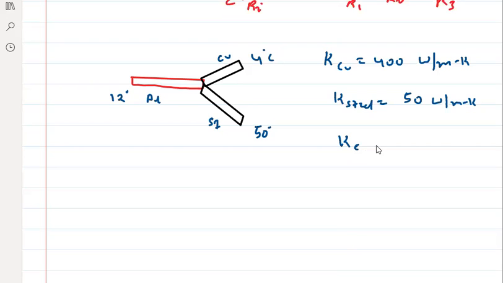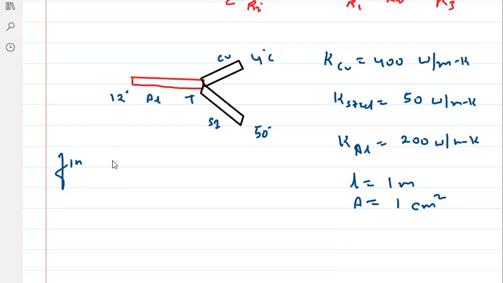Length of all three is 1 meter, and area is 1 centimeter square. Now find the junction temperature T. Easy? Try to find.